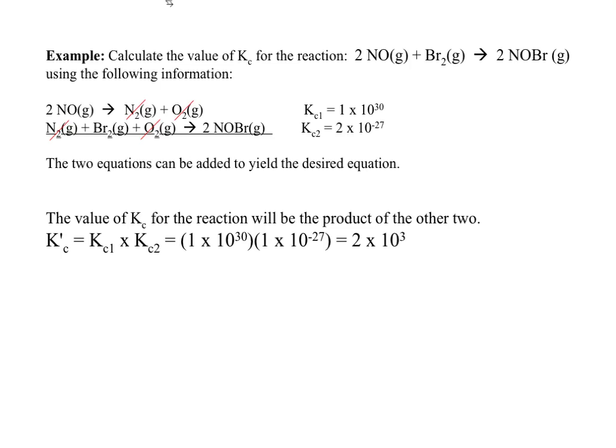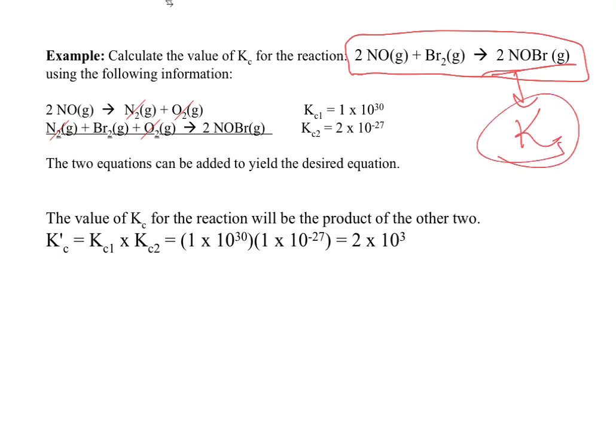Here's an example for you. We have this overall reaction, nitrogen monoxide reacting with bromine to give NOBr, and let's say we need the equilibrium constant for this reaction, but we can't find it published. But we know that when we add these other two reactions together, we get the overall reaction we want. I'll just rewrite it here.